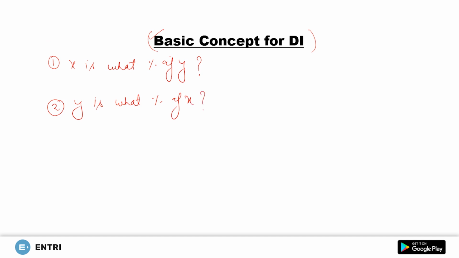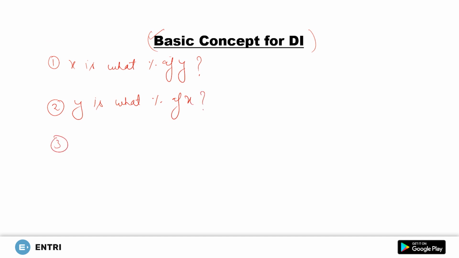First of all, you need a basic concept for DI. So what are these basic concepts? These are actually some statements you need to know about. The first statement is: X is what percent of Y? The second statement is: Y is what percent of X?